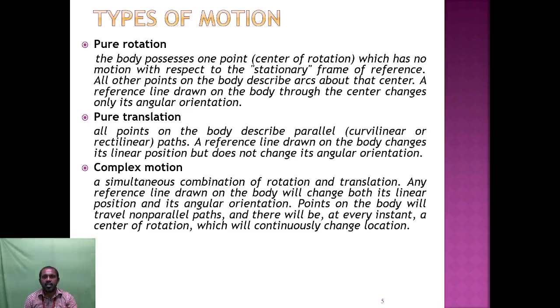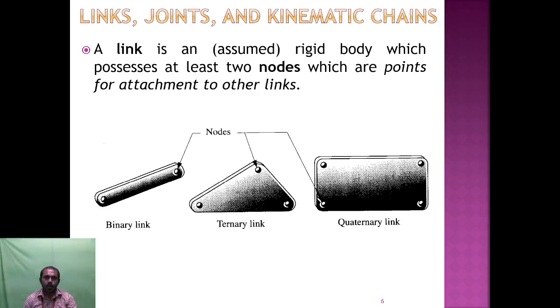The wheel is a good example of pure rotation motion, and pure translation is a chassis moving along x, y, etc. Complex motion is a combination of rotation and translation, where the object rotates, revolves or moves in translation. We will discuss this example in coming slides. Next, the third topic is link, joint, and kinematic chain.